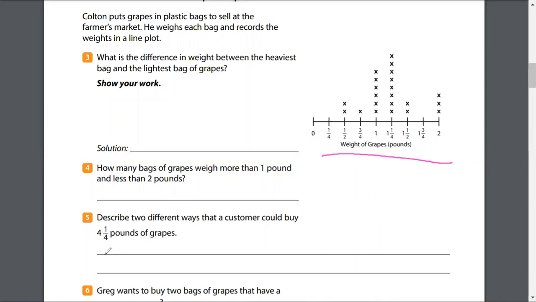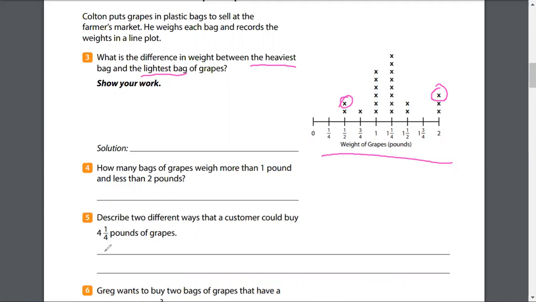Go ahead and highlight it or circle it, depending on what you guys have in front of you. I am going to circle. I believe the heaviest bag is 2 pounds, just because it is the furthest to the right. And the lightest bag is 1/2 of a pound, just because it's the furthest to the left on my table.